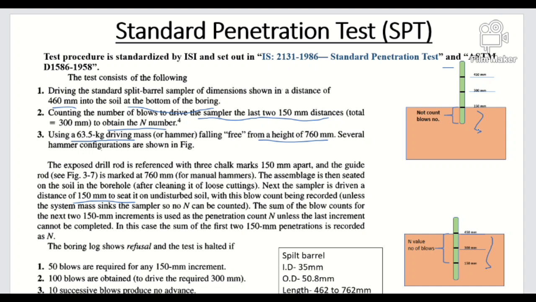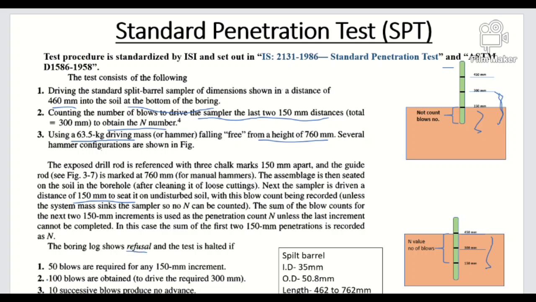This is on the undisturbed soil. If we do not get the full 450 mm penetration, and only penetrate 300 mm, then we have to count the first 150 mm and its blows. Here it can be refusal.